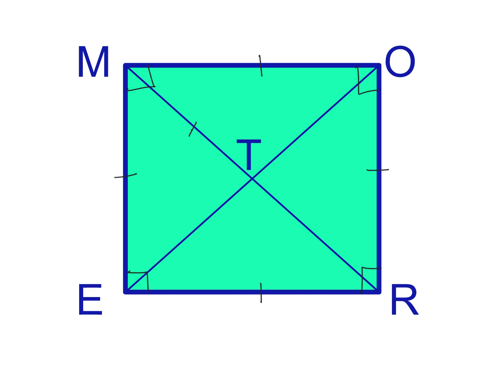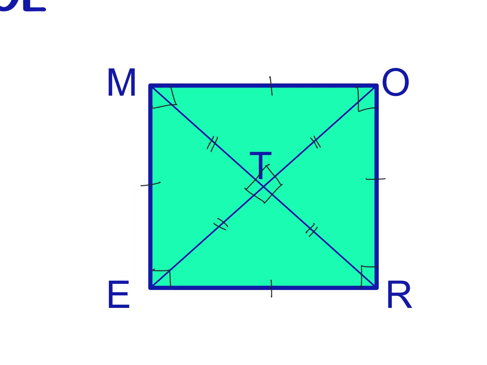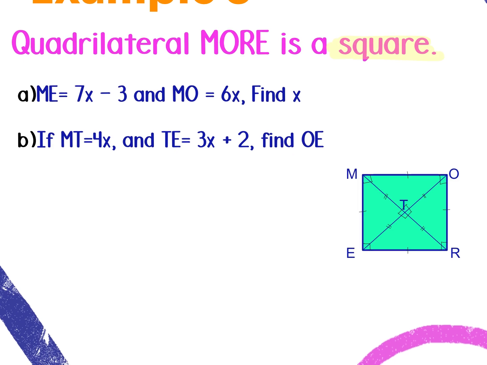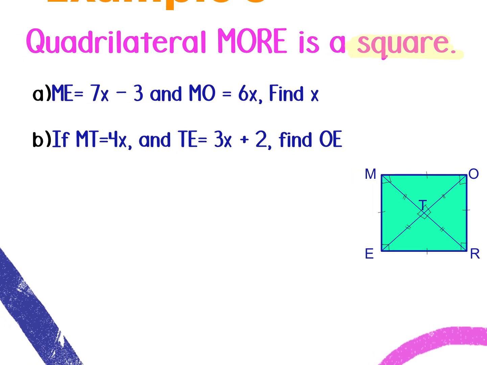All of my diagonals are congruent. And they bisect at a 90-degree angle. So all right angles everywhere. So now that we know that, answering 2 questions, part A and part B.